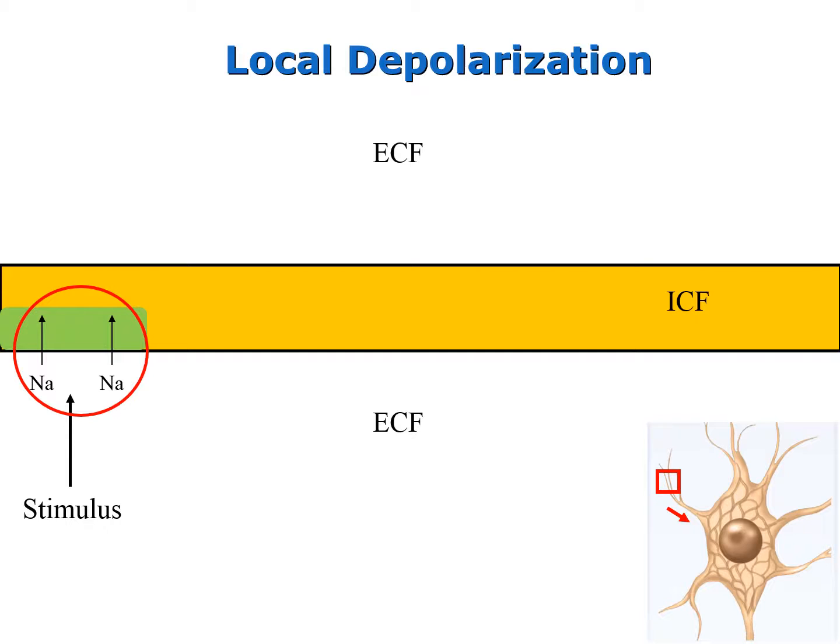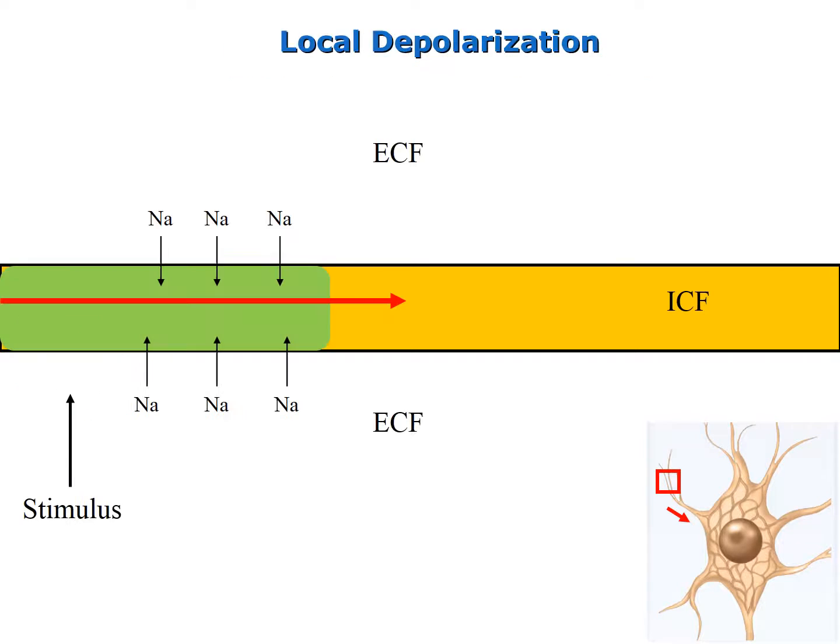The depolarization occurring on the plasma membrane at the stimulus causes nearby voltage-sensitive sodium channels to open. As they open, sodium moves into the cell at that location, causing a depolarization there.